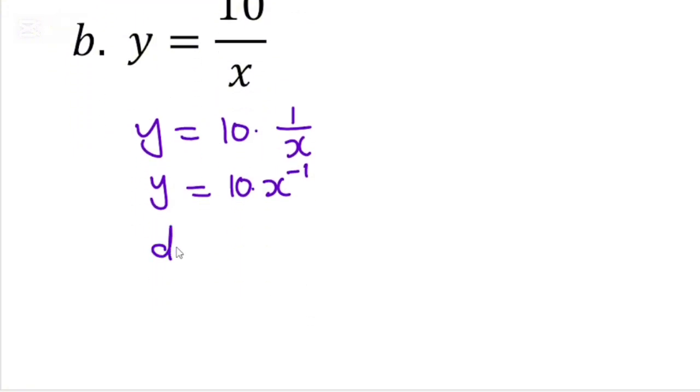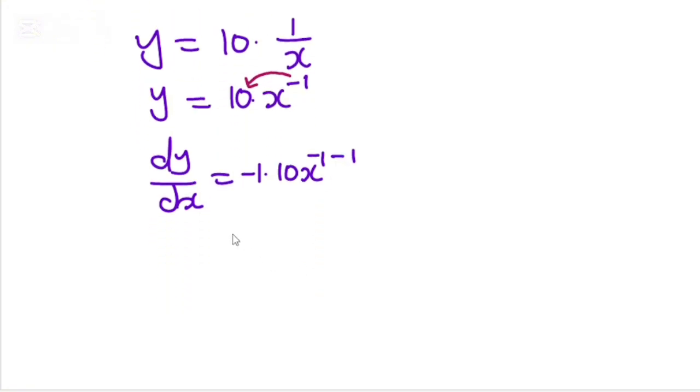So we have dy over dx is equal to this power multiplied by the coefficient of x. So we have negative 1 times 10 x to the power negative 1 minus 1. From the power, we subtract 1. Negative 1 times 10 is negative 10, then x to the power negative 1 minus 1 is negative 2.